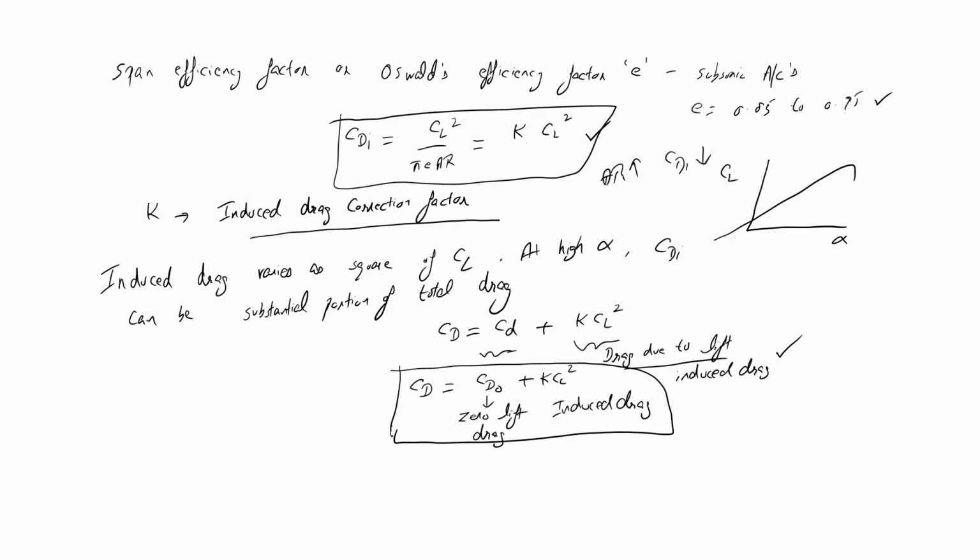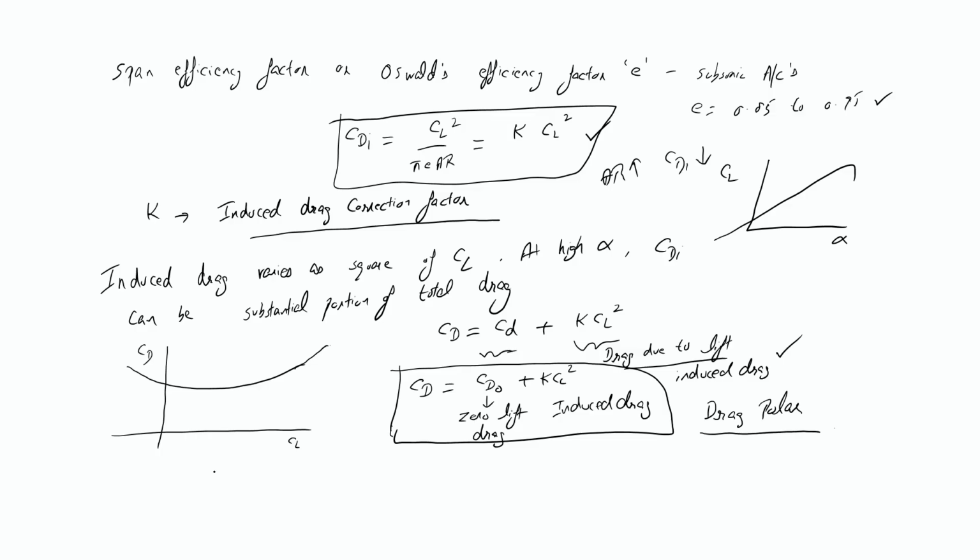This is a very famous equation. So this equation is known as the drag polar equation. Okay. Remember I have drawn a curve plot between CD versus CL in one of the earlier lectures. Alright. So this was something like this parabolic curve.